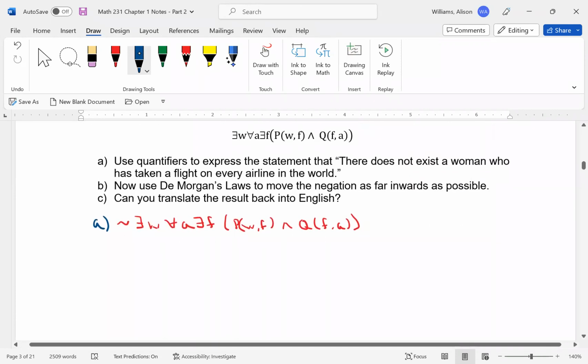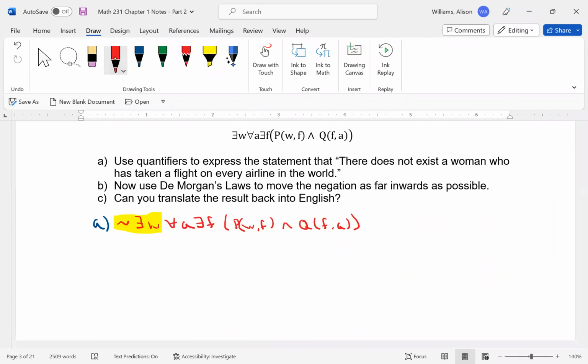So let's start with this very first statement. When you say there exists no woman, that means to say that for all the women, they can't have, for all airlines, a flight that the woman took and is a member of the airline. Why do I keep doing that with the V? Sorry.